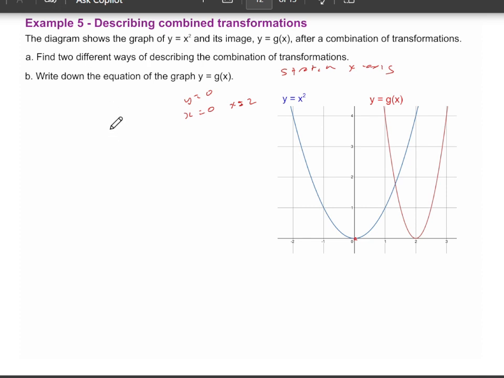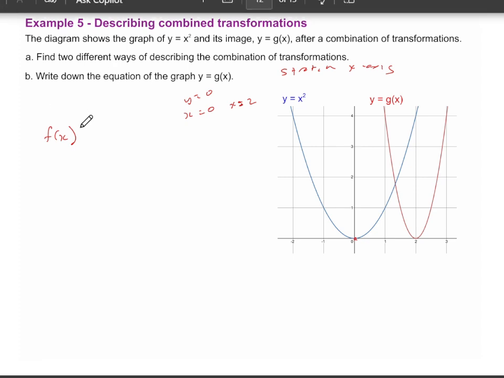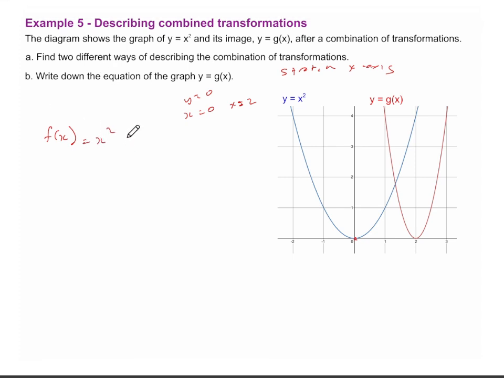So let's just say firstly, the stretch happened, right? If the stretch happened first, what would occur is that your f of x, which is my x squared in this case, will become f of 2x.